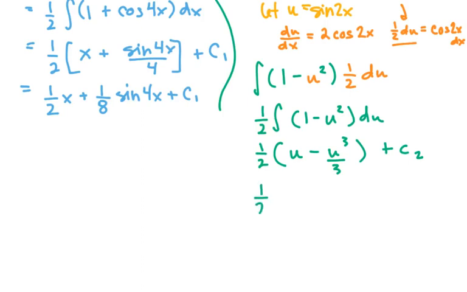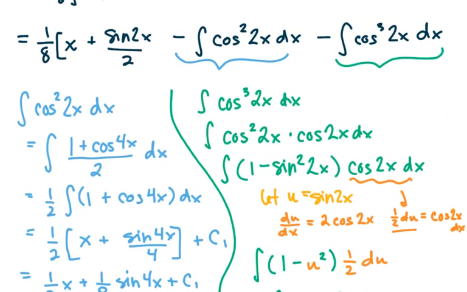So this is 1/2 times the sine of 2x minus 1/6 times the sine cubed of 2x plus c sub 2. So this value that I have found, I will be able to plug in right up here for cosine cubed of 2x.